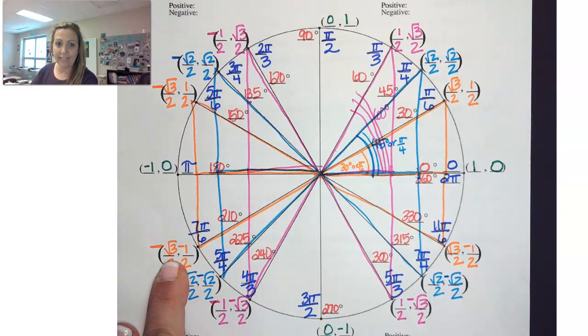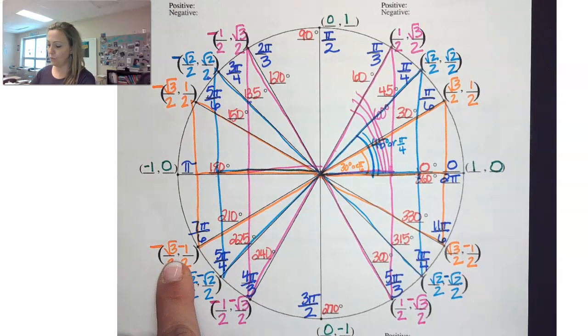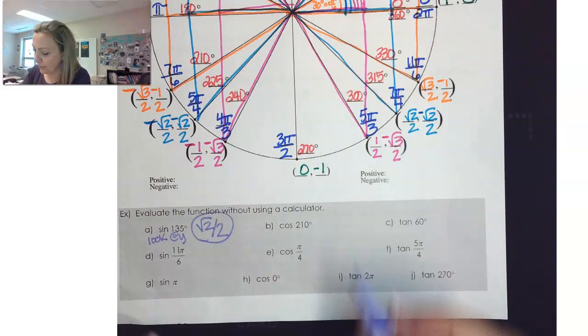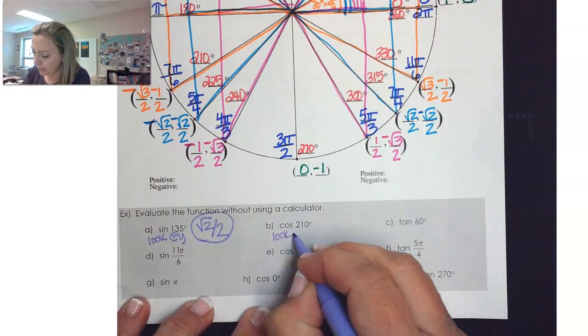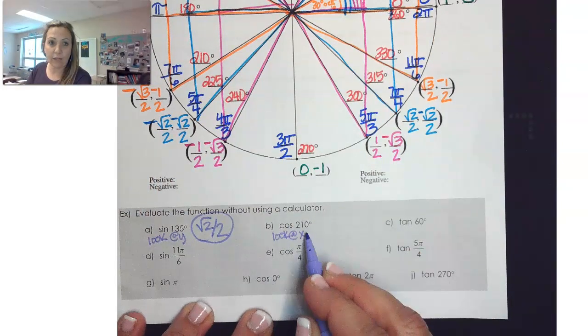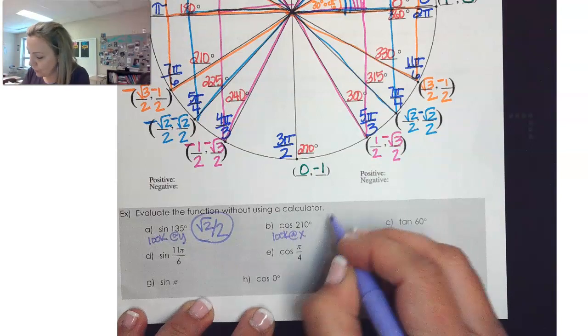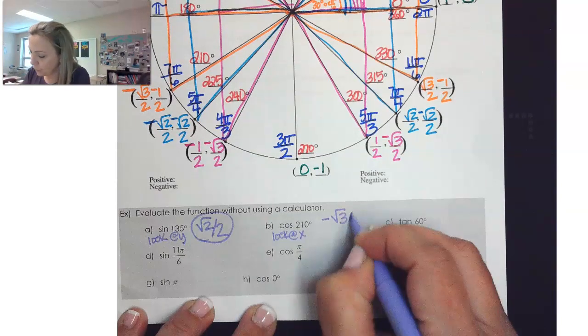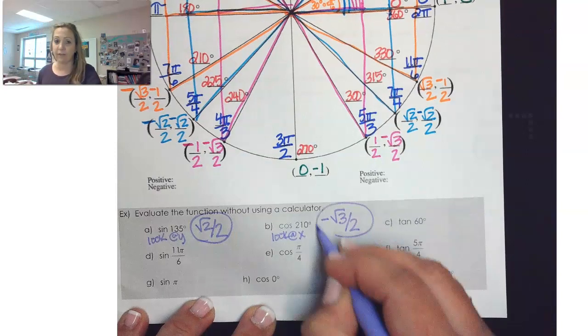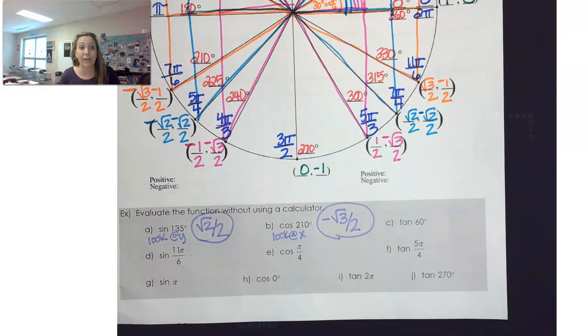The x coordinate is negative root 3 over 2. So the cosine of 210 degrees is negative root 3 over 2. I swear that's it. If you have the unit circle in front of you, this is great. We'll work on memorizing it next time, okay? But this is all you do.